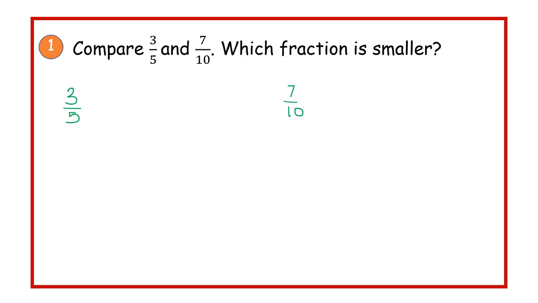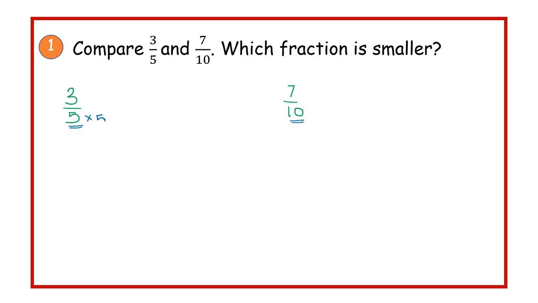Now, what we can do for this kind of problem is make sure that the denominators for these two fractions are the same. For instance, here the denominator is 5, whereas here the denominator is 10. Let us make the denominator in the fraction 3 out of 5 also become 10.